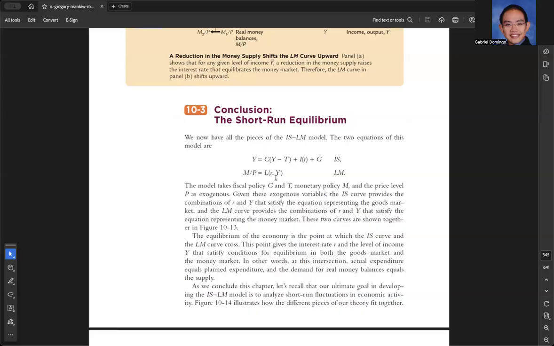The IS curve is about the market for goods and services for the entire macro economy. And the LM curve is about the demand for money for residents belonging to that economy, right? And once both of them clear at the same time, then that means the entire macro economy is in the short-run equilibrium.